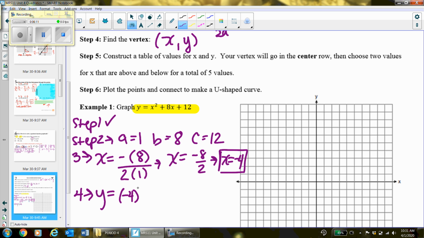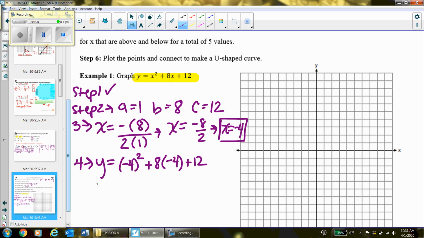So negative 4 squared plus 8 times negative 4 plus 12. So y equals 16 because negative 4 times negative 4 is 16, or negative 4 squared is 16. All right, 8 times negative 4 gives me a negative 32.